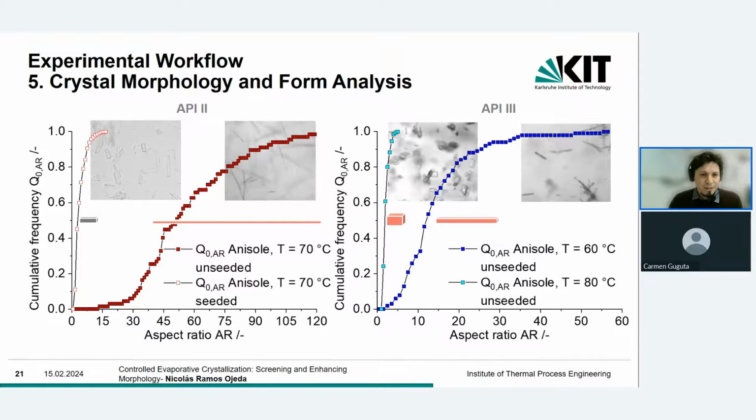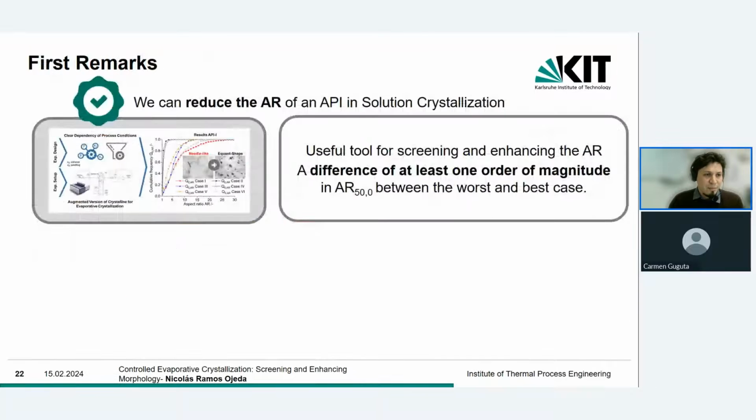So the first remarks of this first section of my presentation are that we had a useful tool for screening and assessing aspect ratio, and a difference of at least one order of magnitude in the median aspect ratio between the worst and best case was observed.